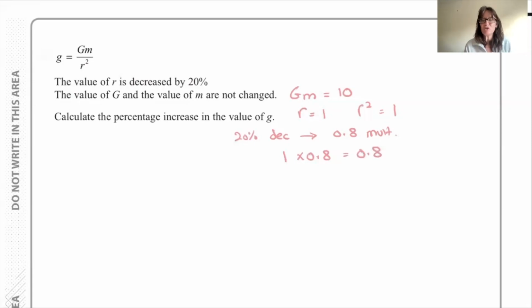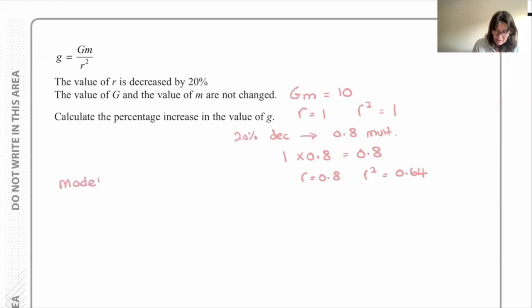Now, you may not need to set all of it down like that. You may know that naturally, but that explanation is there so that you understand where 0.8 has come from. So when my R is equal to 0.8, my R squared would equal 0.64.